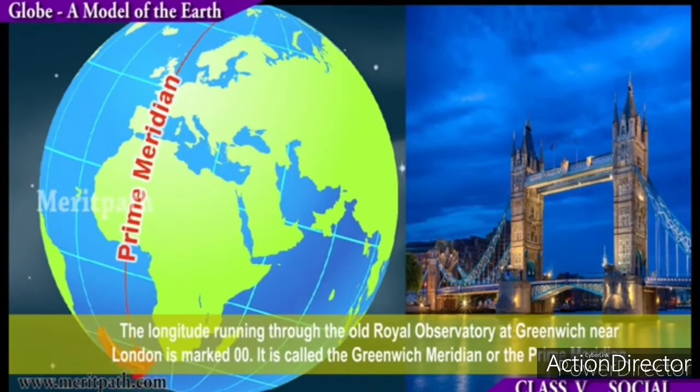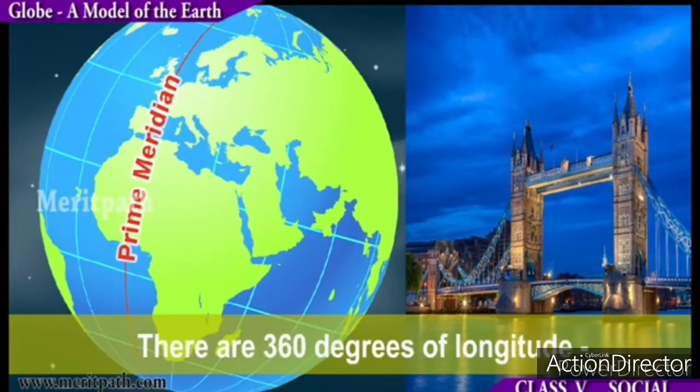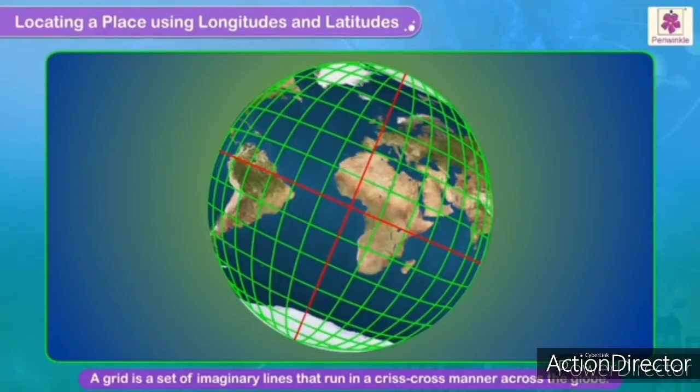Though the globe is three-dimensional, it is a flat model because the heights of mountains and depths of seas cannot be shown on it. It gives an approximate and proportionate size of water bodies and the land masses.